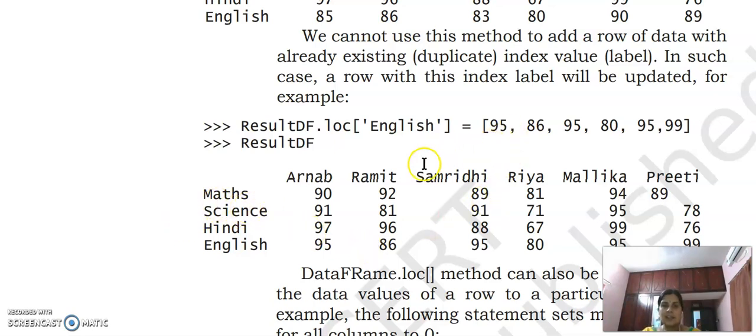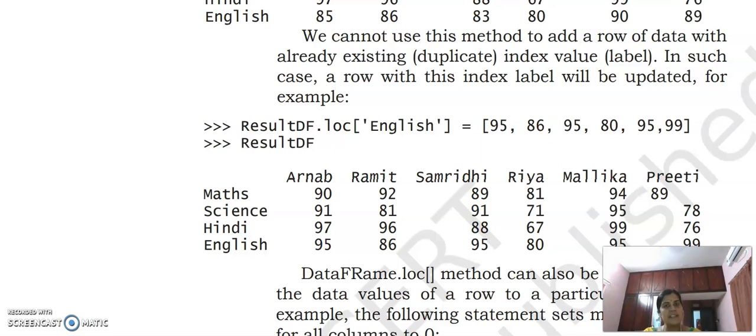Next, if a row already exists, we cannot add it again. For example, result df dot loc English equal to 95, 86, 95, 80, 95 and 99.